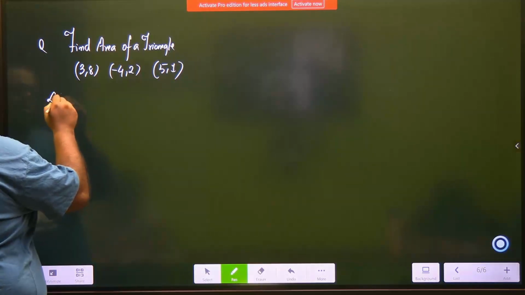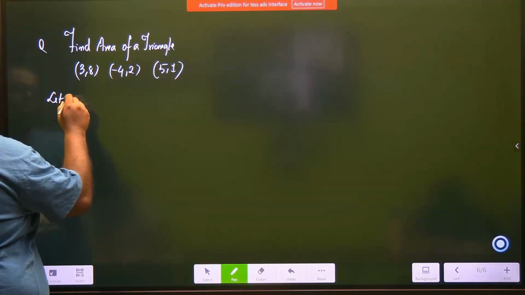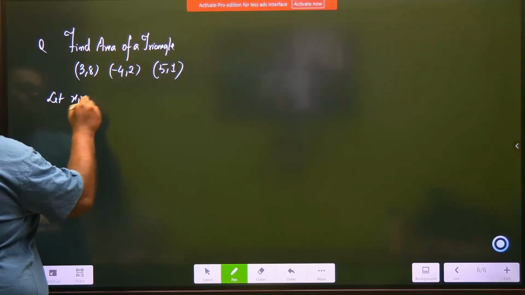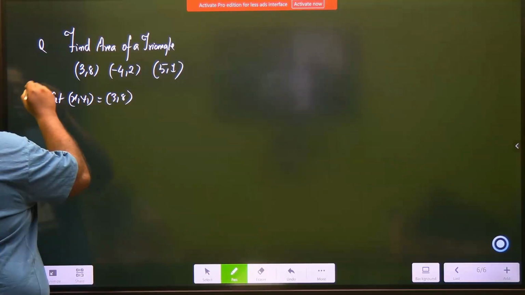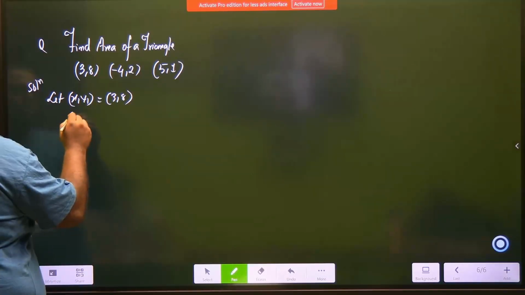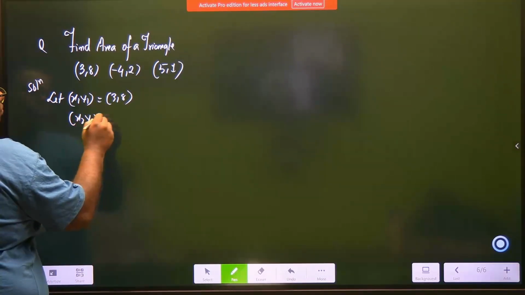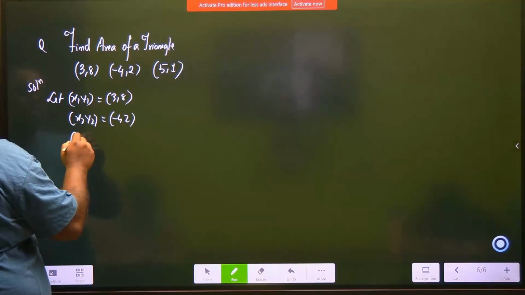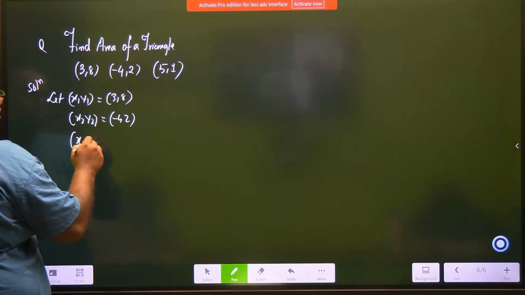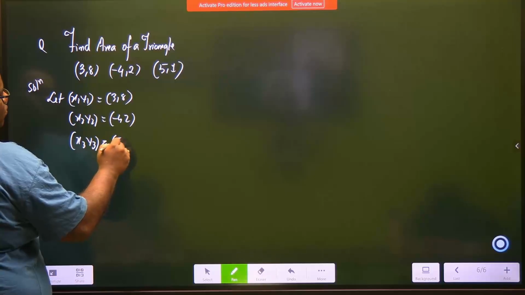So you can write, let x1, y1 be 3, 8, right? Just for clarity purpose, x2, y2 be -4, 2 and x3, y3 be 5, 1.